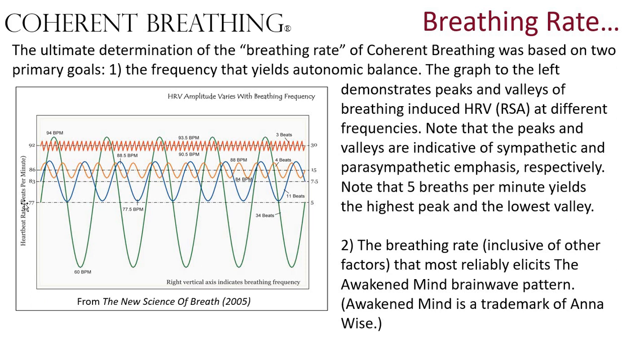Lastly, I'd like to point out that at 5 breaths per minute, the peak of the heart rate variability cycle is slightly above that of breathing at 30 breaths per minute. And the valley is 34 beats below at 60 beats per minute.